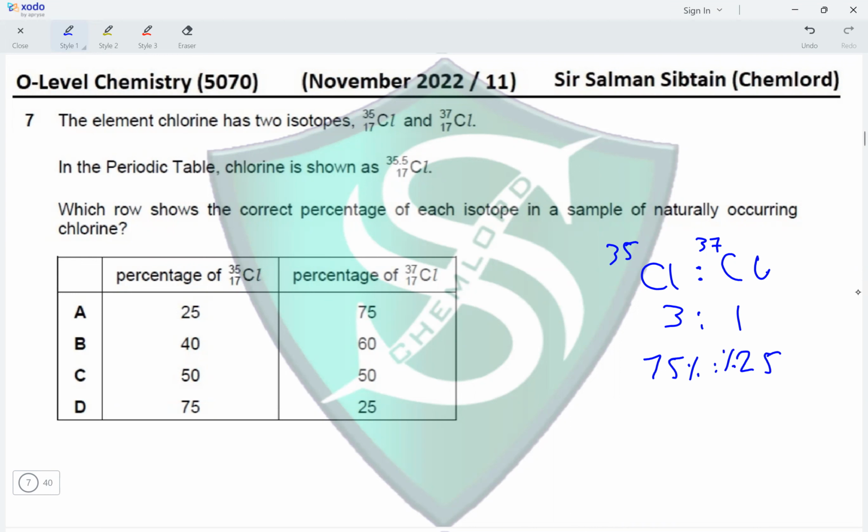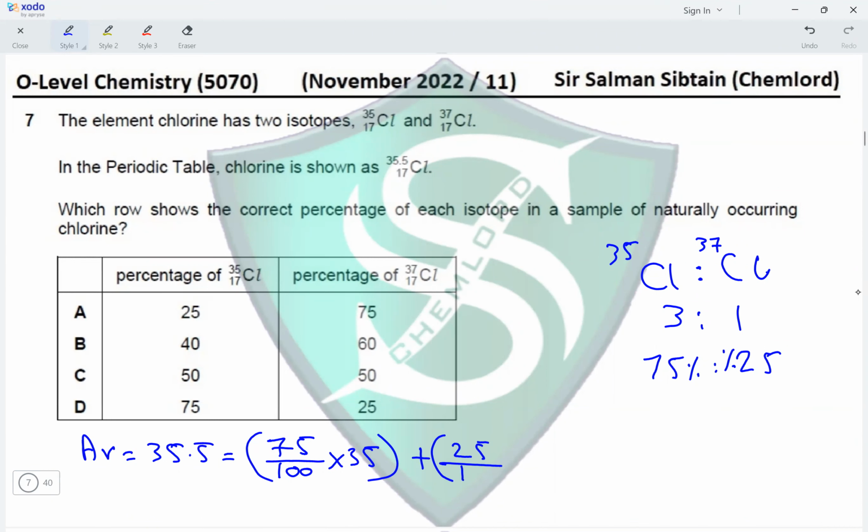And this is correct because when we calculate the Ar of chlorine, which is 35.5, we can get this value by doing the following calculation: 75 upon 100 into 35 plus 25 upon 100 into 37.